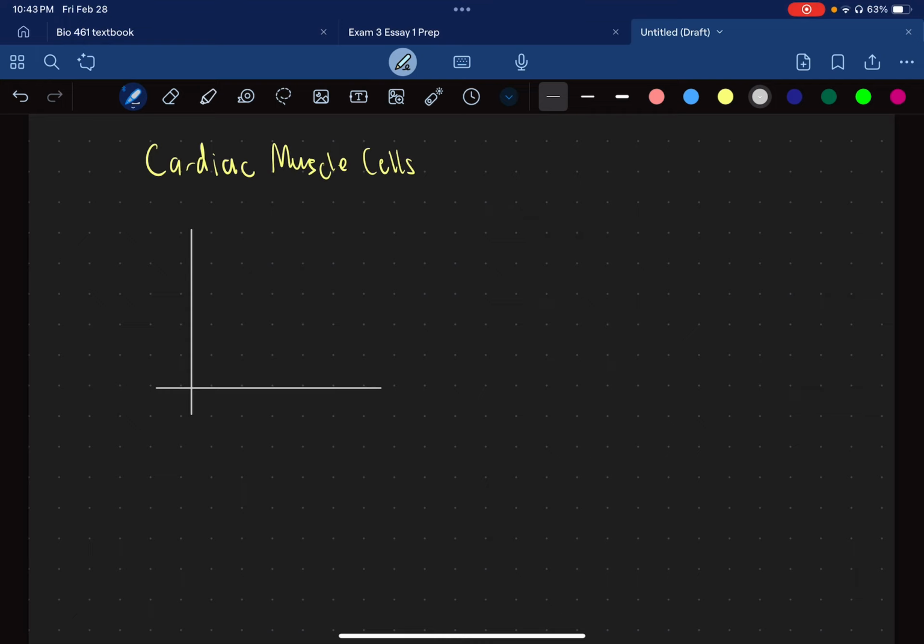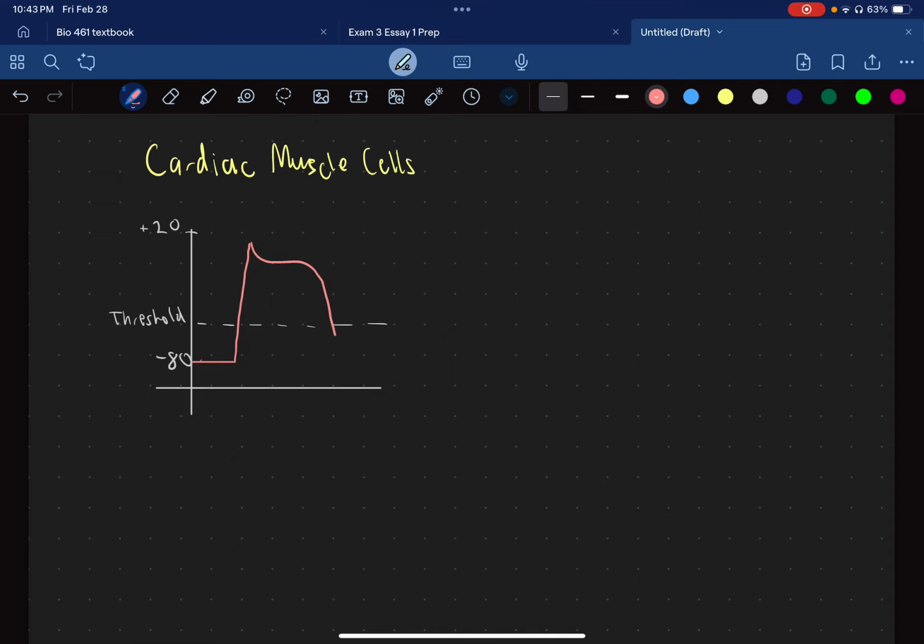So let's say this is around -80, threshold about here, and then up here is about +20. So the resting membrane potential of these cells is going to be a lot lower than we've seen with any other muscle cells.